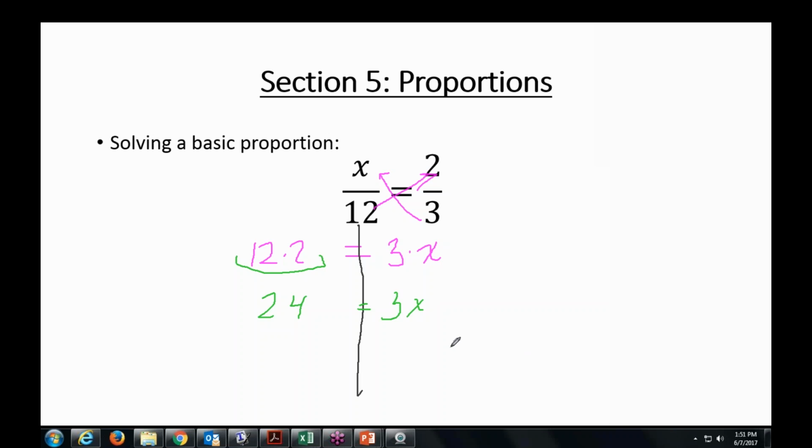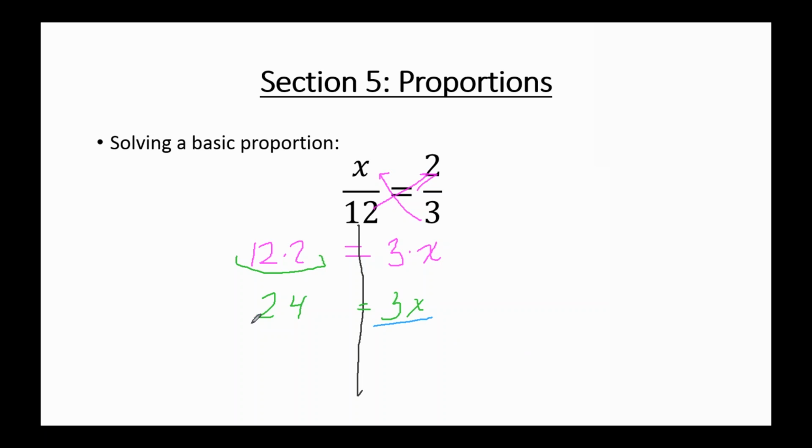How do I undo multiplication? You divide. So we will divide both sides by the number in front of the variable, because 3 divided by 3 ends up being 1, so we end up with 1x, and then 24 divided by 3 is 8, just like y'all said earlier. All right, so that's the basic how to solve a proportion.